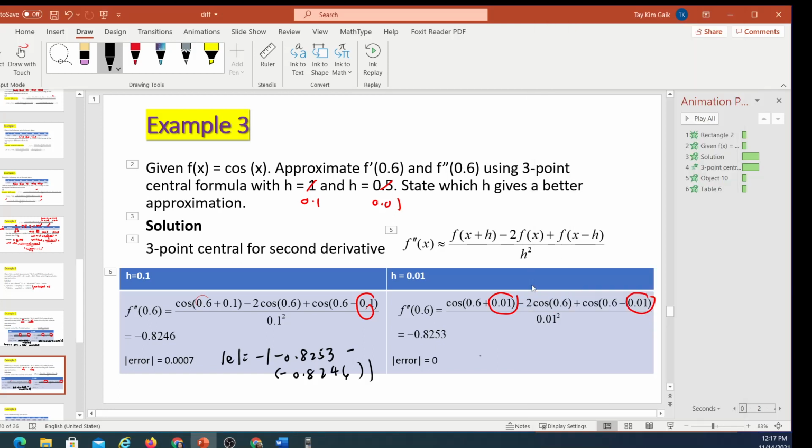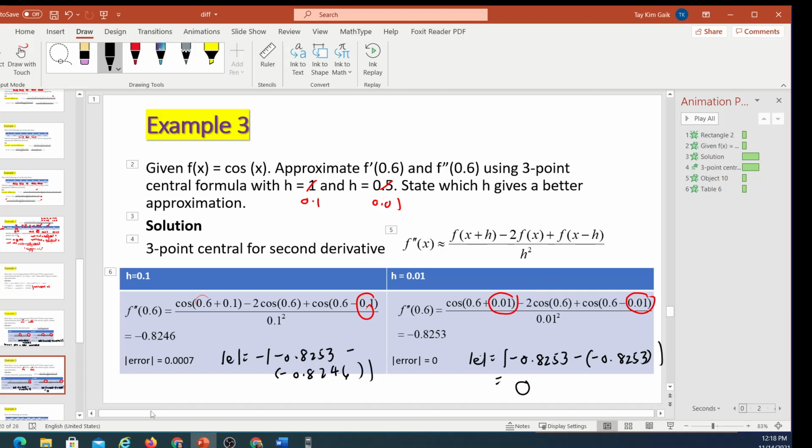For h equal to 0.01, the error is the exact negative 0.8253 minus the approximate value obtained from numerical differentiation, negative 0.8253, so you get 0.